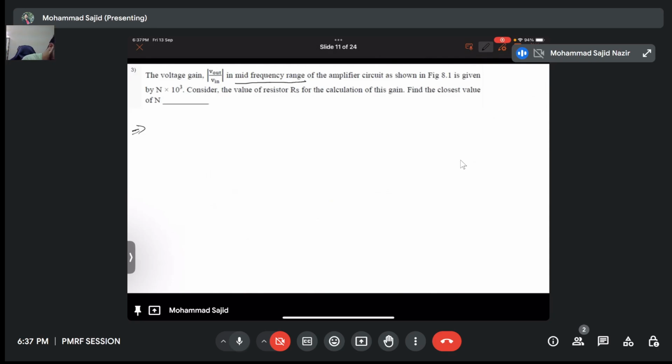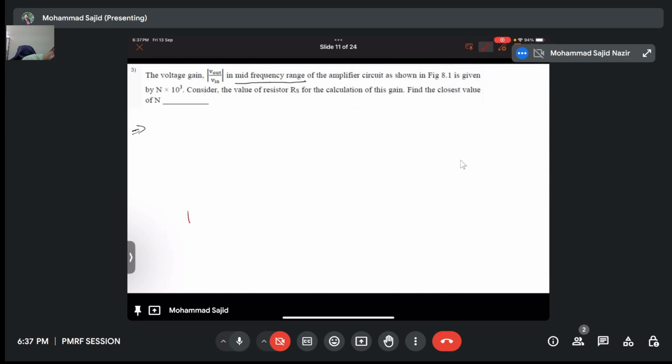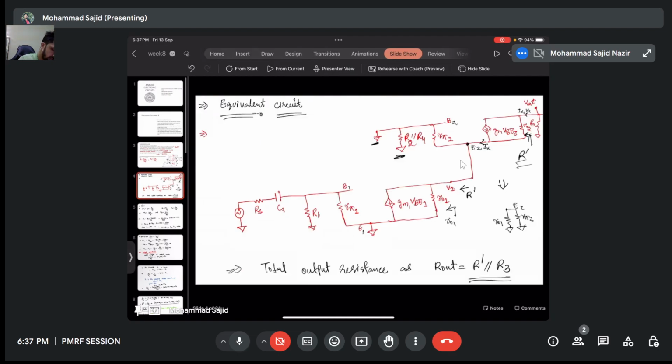So if I now draw the equivalent circuit, we will have Vs here, a series resistance. We have a series resistance Rs, the resistance of R1 and R5.